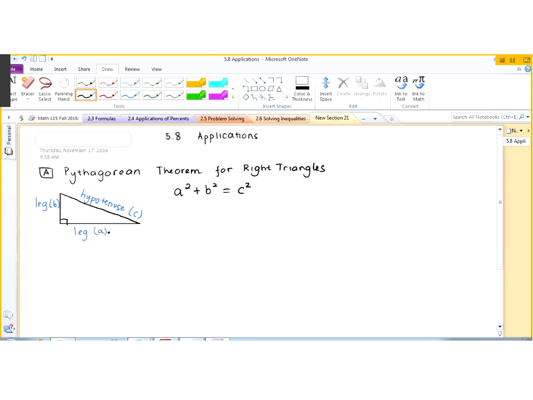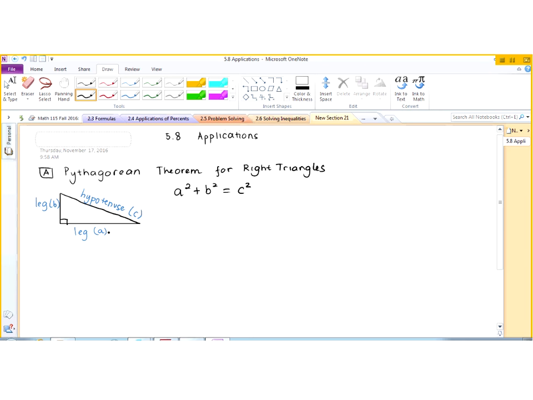All right, so now let's talk about some of the problems related to the Pythagorean theorem. Roadway design.